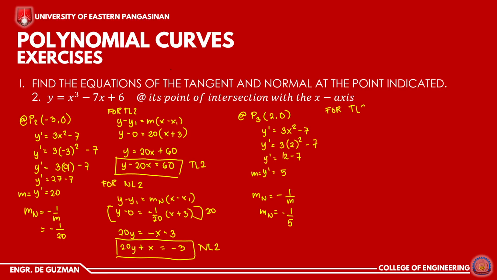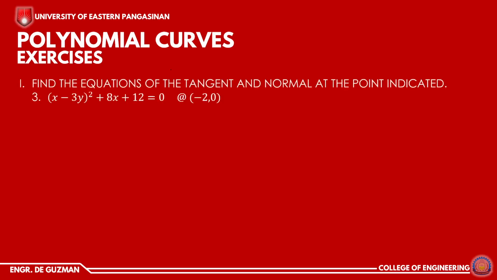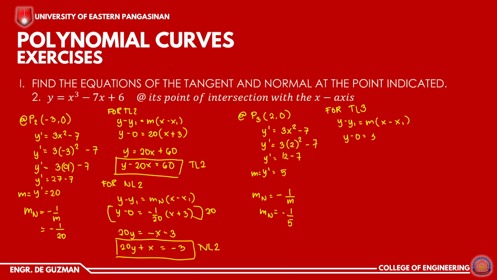For TL3 or tangent line 3, y minus y sub 1 is equals to m times x minus x sub 1. So, y minus 0 is equals to 5 times x minus 2.